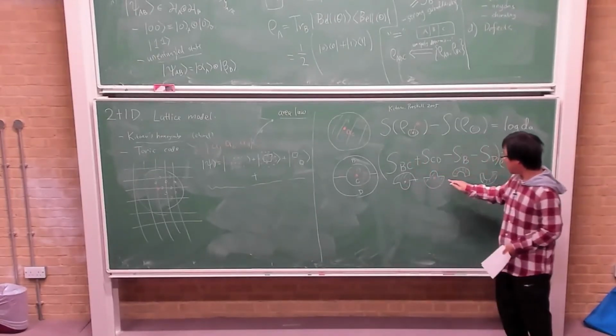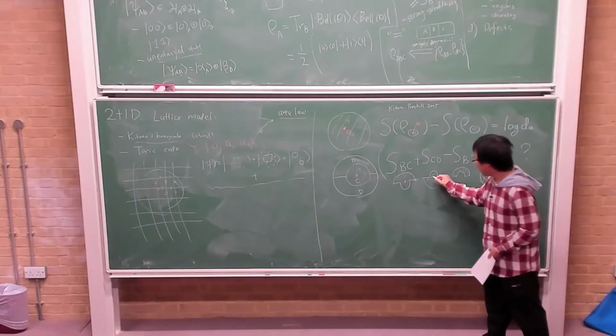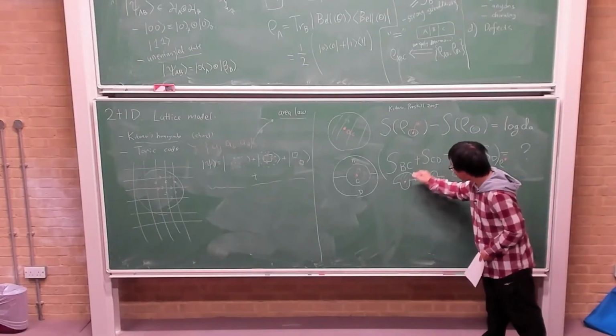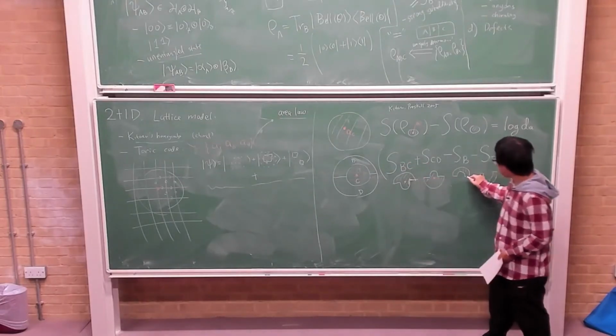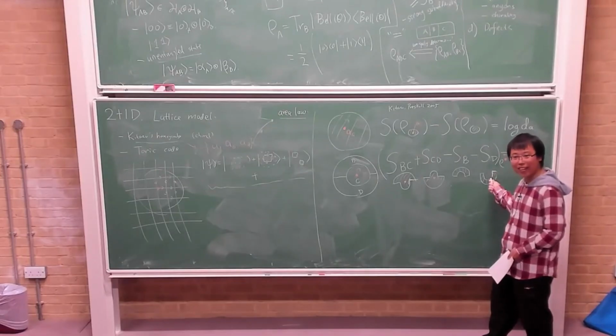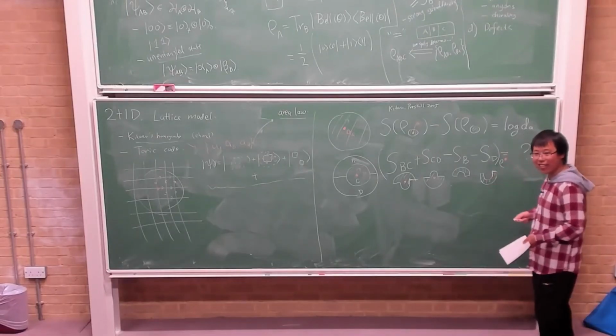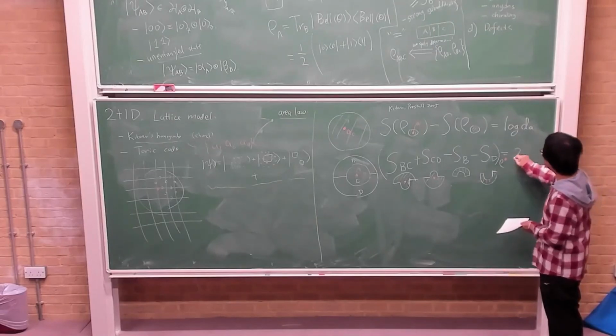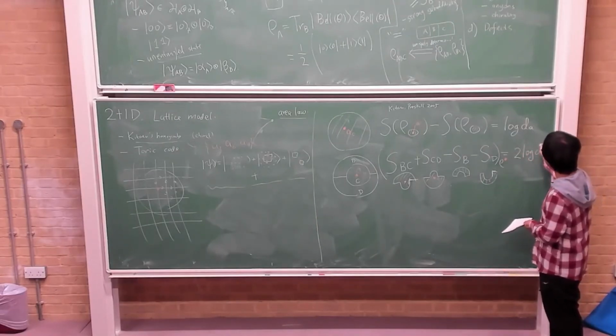So the cleverness of this partition is that all the corners appear more than once. Once in a term with plus sign, you have this corner, and in some term with minus sign, you have the same corner. So it turns out it doesn't matter. That's the statement. It turns out the answer should be 2 log d_A.